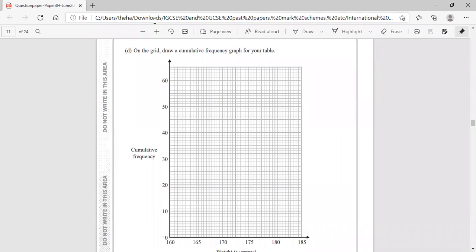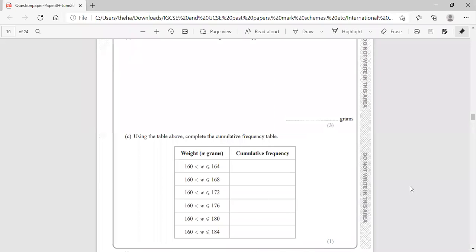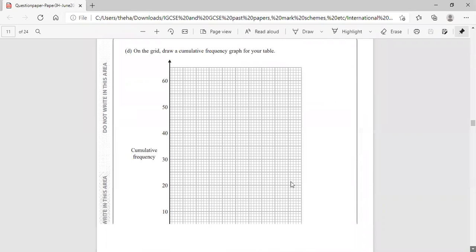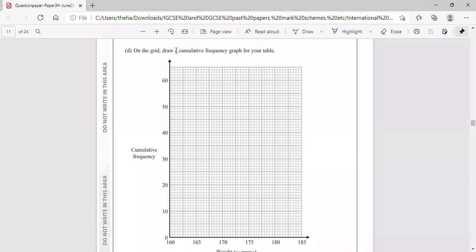What we need to do is look at the upper bound. For the first one, the upper bound is 164, and it goes up by 4 from there. So we've got 164, which is 161, 162, 163, 164, which is here.